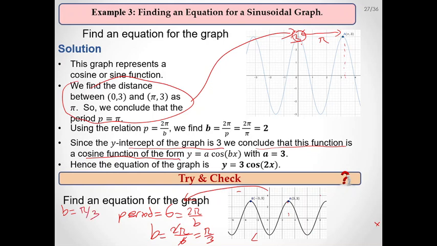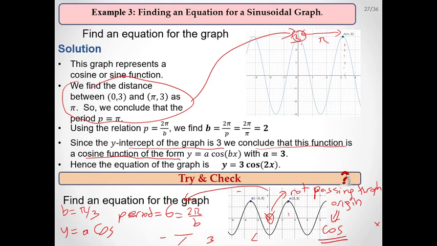And is this a cosine function or sine function? Now this is not passing through the origin, so it's definitely cosine. So now we will end up with a times cosine pi over 3 x.